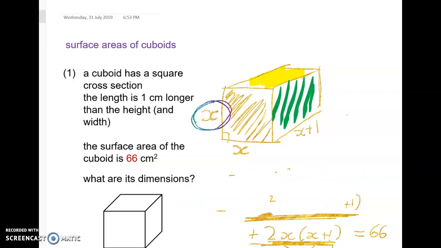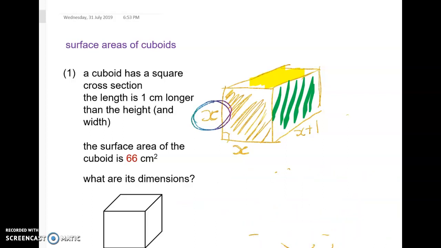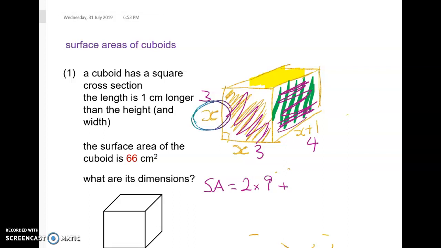Okay, so let's pop some numbers on now. So instead of x, we're going to put on 3. So if this side is 3, this will be 3, and this one will be 4. And the surface area will be 2 lots of 9 plus these green ones that are now purple, 2 lots of 12 here, and the yellow ones up the top, 2 more lots of 12.